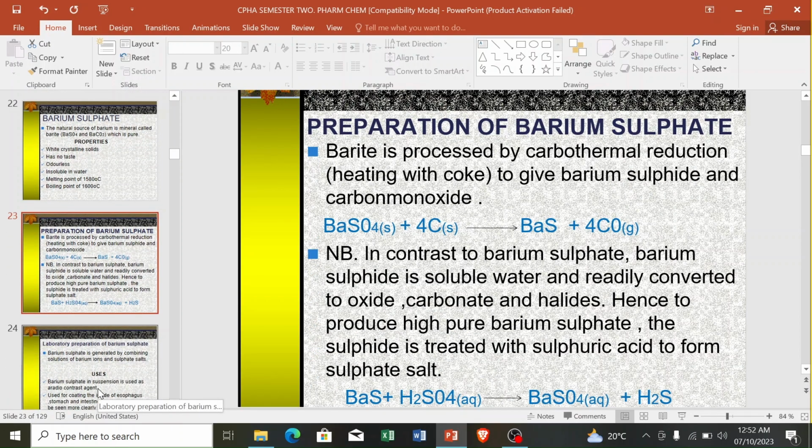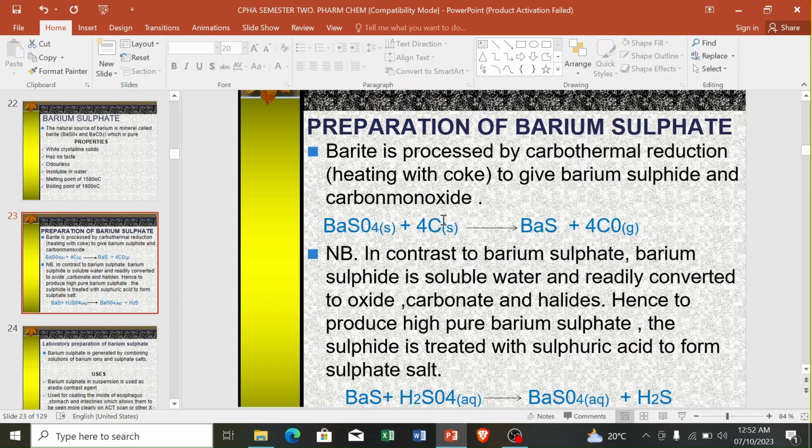There is need for us to know how we can prepare barium sulfate. Here we start with baryte, which is a mixture of barium sulfate and barium carbonate. It is produced by carbothermal reduction to give barium sulfide and carbon monoxide.